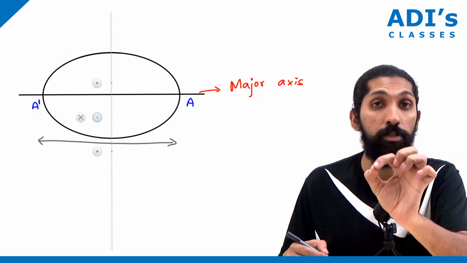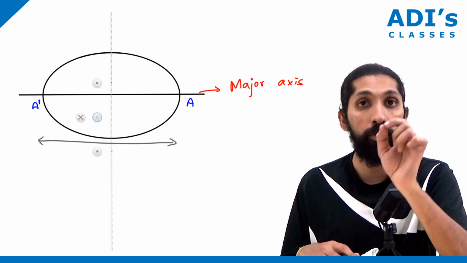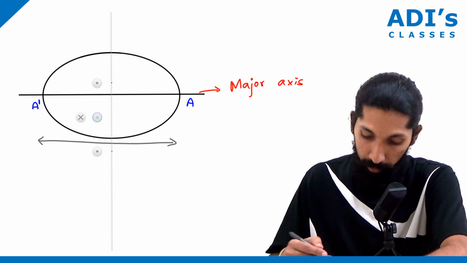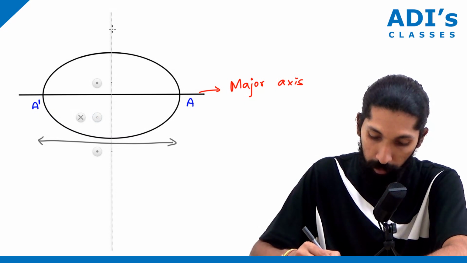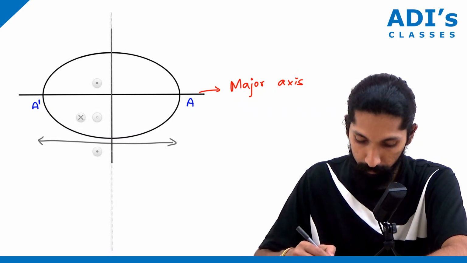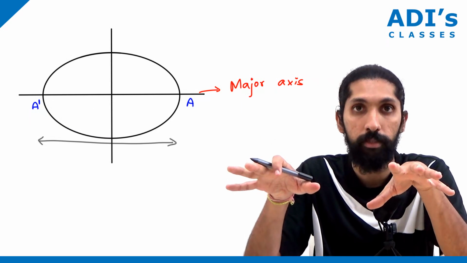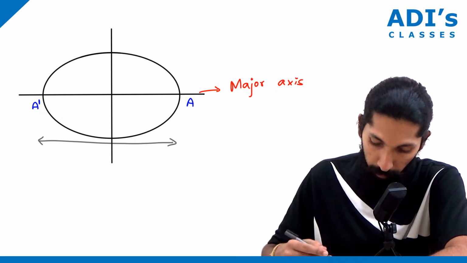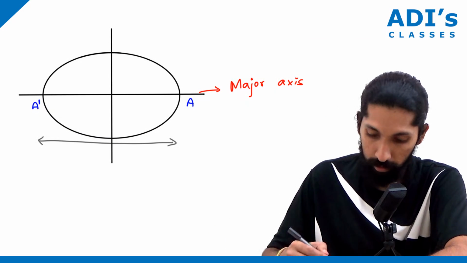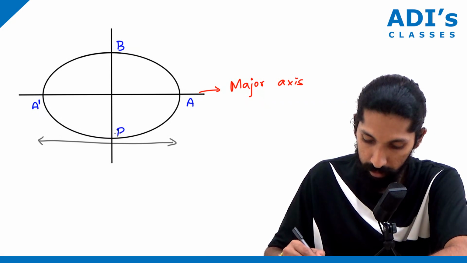We are keeping it in such a way that the ellipse is exactly on the origin. That means the x-axis will be the major axis, and this other axis also divides the ellipse into two parts, but the smaller region. That's why we call this B, and this B dash.